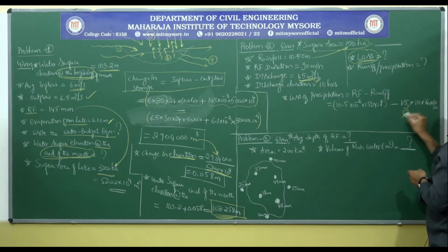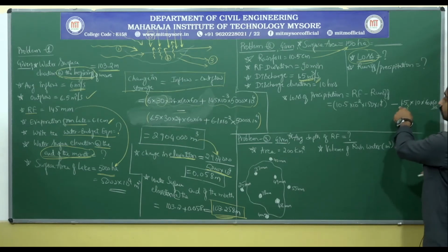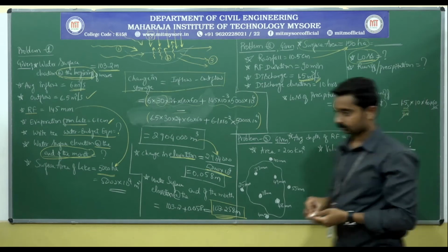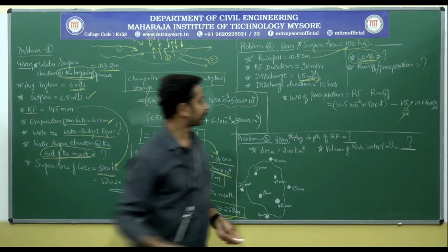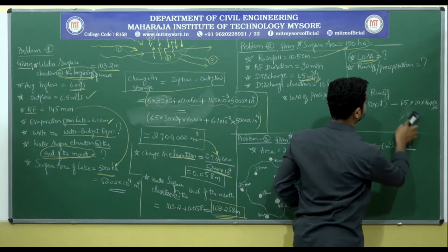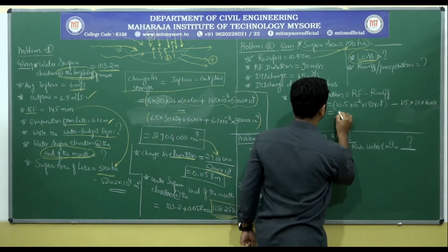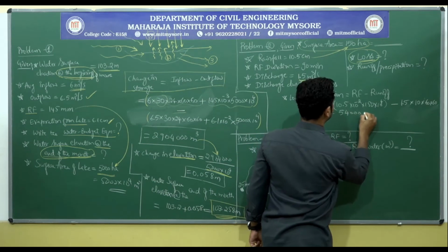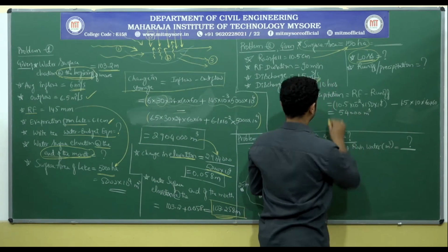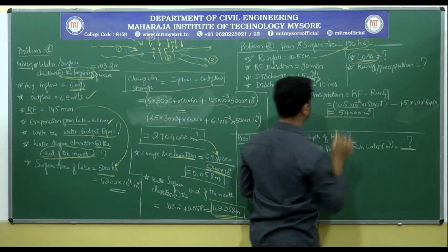Correct? Now seconds cancel, and you will get the data in meter cube. 54,000 meter cube. So this is the loss of precipitation.